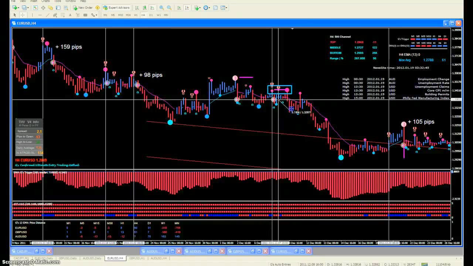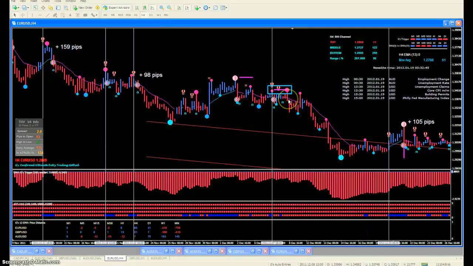The expert advisor moves up the stop loss at predetermined levels based on the percentage of the target that has been achieved. So it calculates not only the lot size, not only the stop loss level, but it also calculates the target based on the size of the stop loss, and it moves up the stop loss based on the percentage of the target that has been achieved so far.